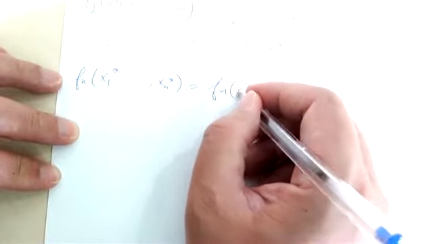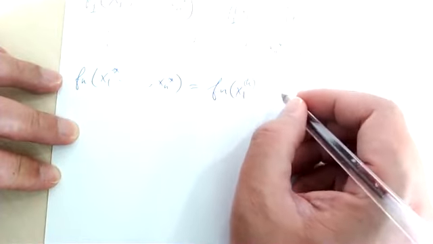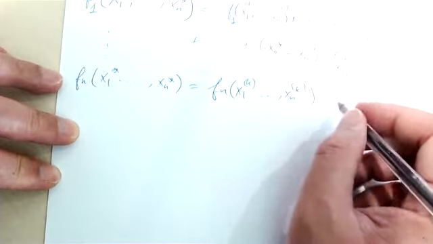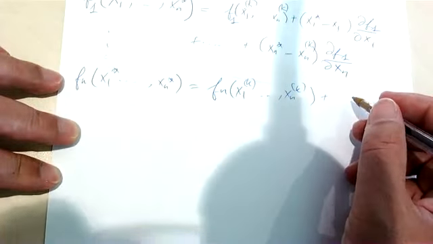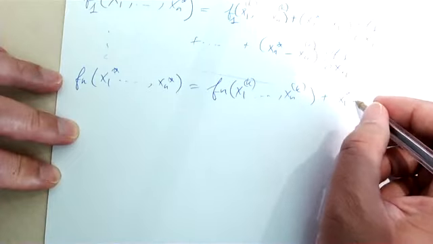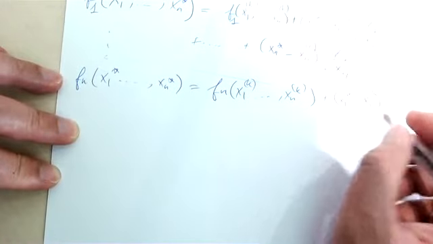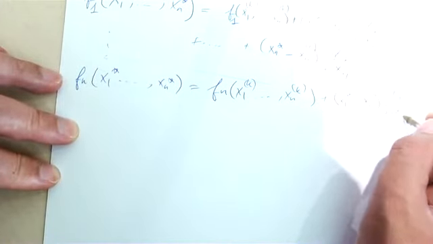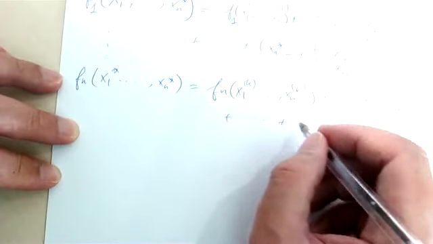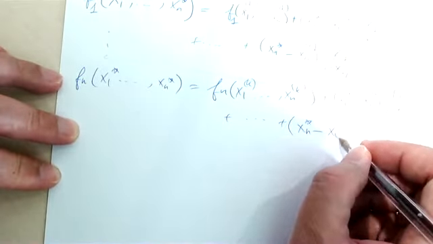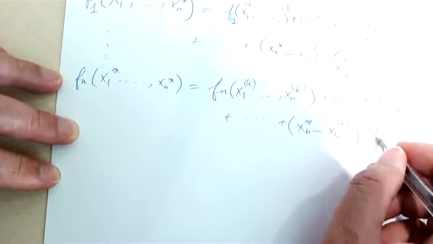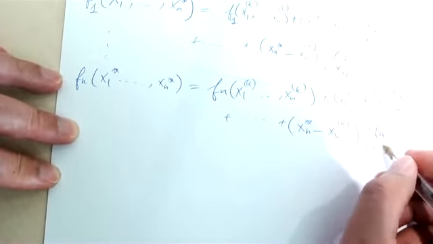So you have fn of x1 star up to xn star equals fn of x1 to the k up to xn to the k, plus x1 star minus x1 to the k times partial f1 of x1, and so on, up to xn star minus xn to the k times partial fn, so this is fn, yeah, of xn.